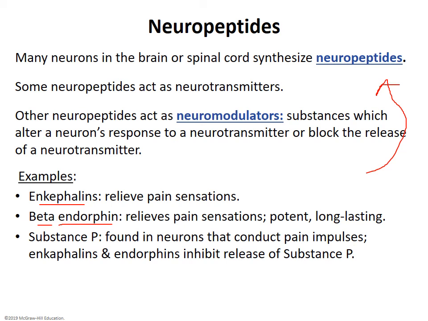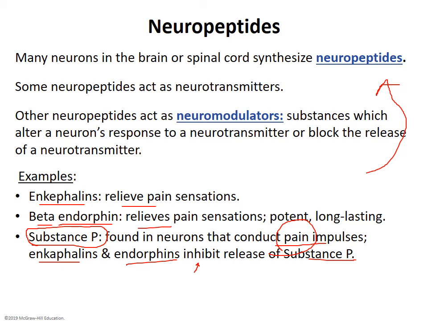And so they help relieve pain. Their counterpart is something called substance P, and it's called P for pain. It is going to conduct pain impulses. It is what makes you feel pain. And as it says here at the bottom, enkephalins and endorphins are there to inhibit the release of substance P, and that is how they relieve pain.